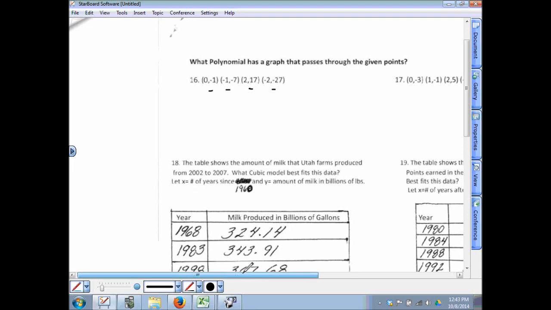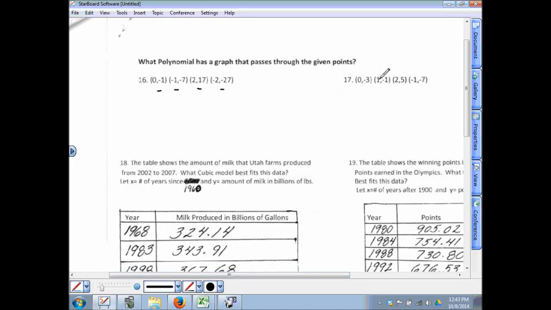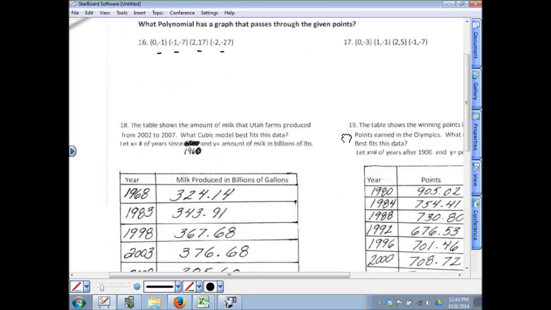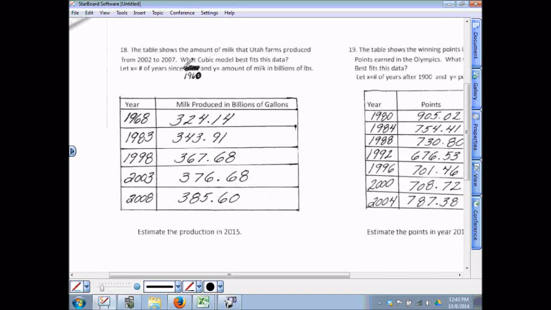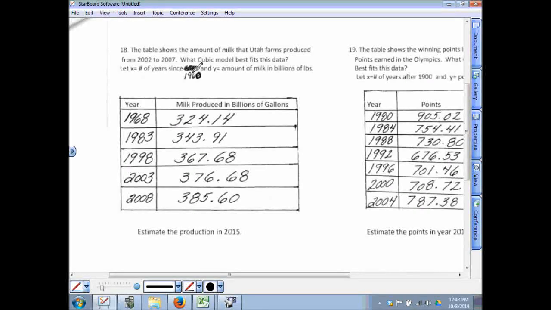What about number 17? What kind of polynomial? Cubic again. Okay? This is one of those on number 18 where I actually have to make a prediction. I told you to let x equal the years past 1960. So to answer this question right here, what's the milk production in 2015? How many years is that beyond 1960?